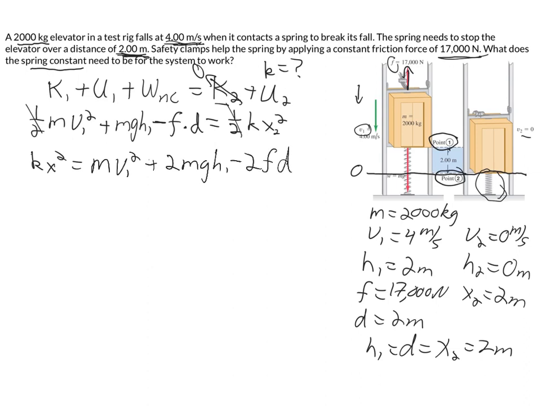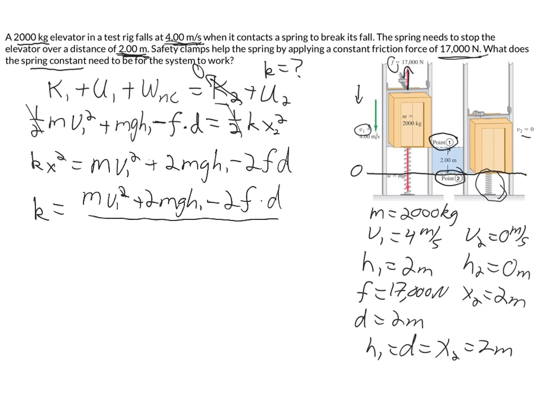Now to solve for k, we divide by x squared, so k is equal to m v1 squared plus 2 m g h1 minus 2 force times distance d, all over x squared.